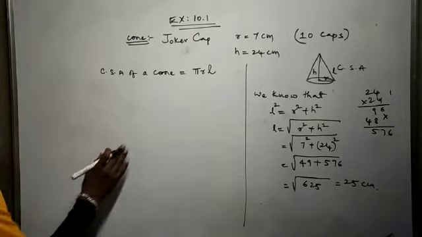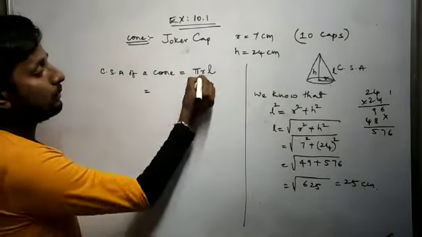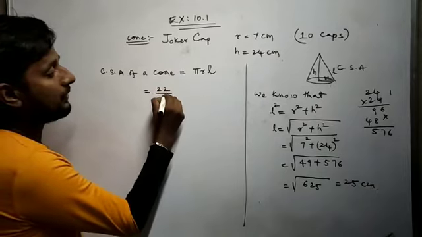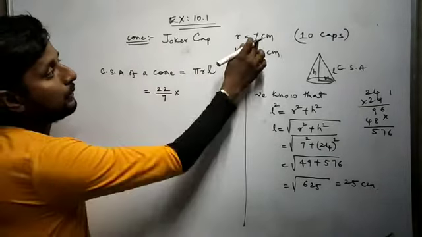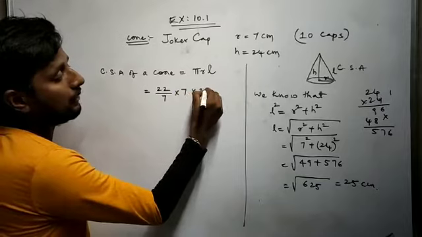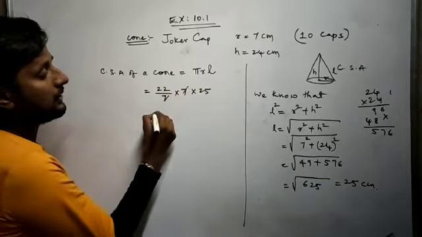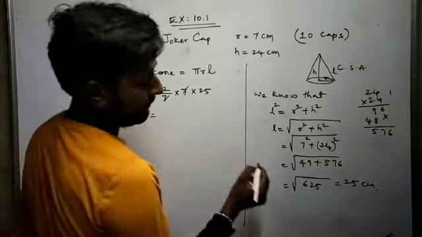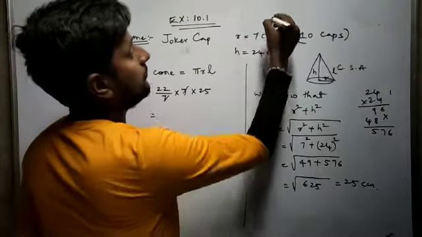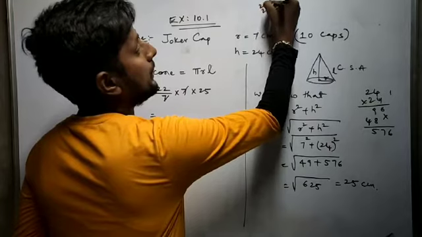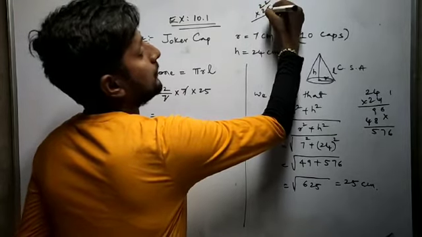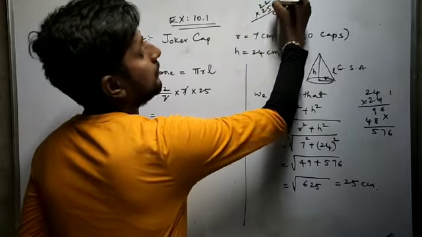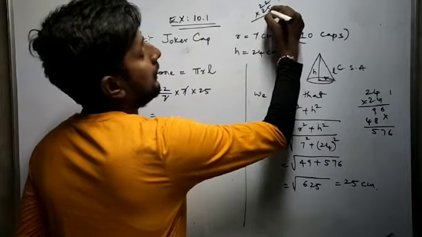Now substitute the values. Pi is 22 by 7, into r value 7, l value 25. The 7 gets cancelled. 25 into 22: 5 twos are 10, 1 carry, 11, and 4.